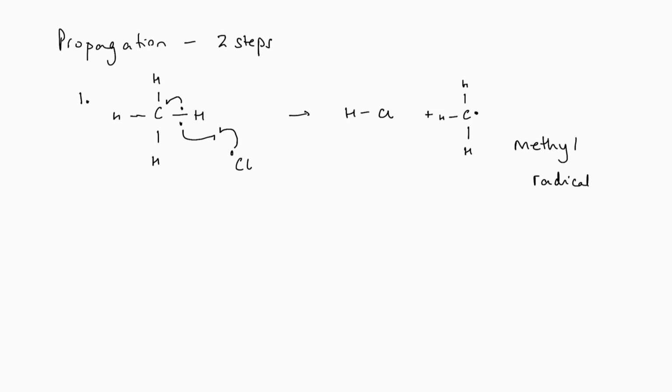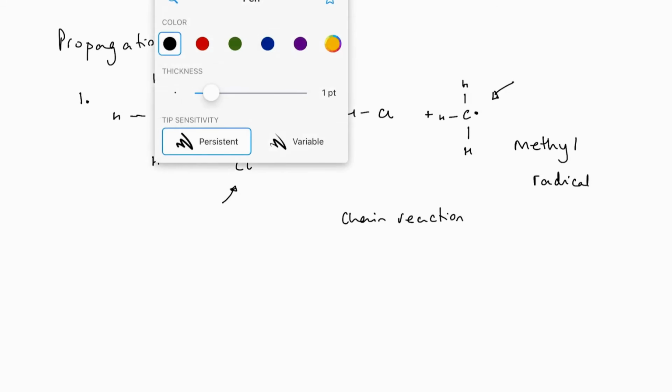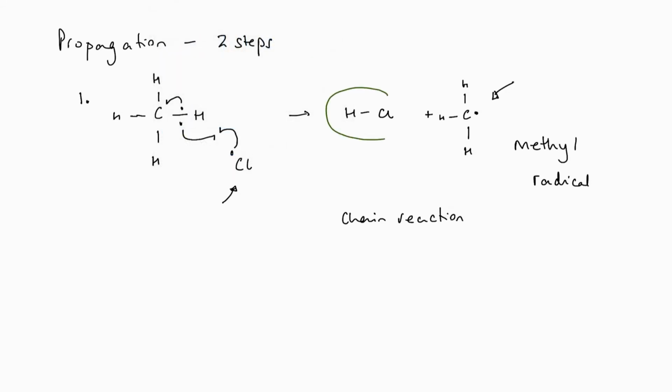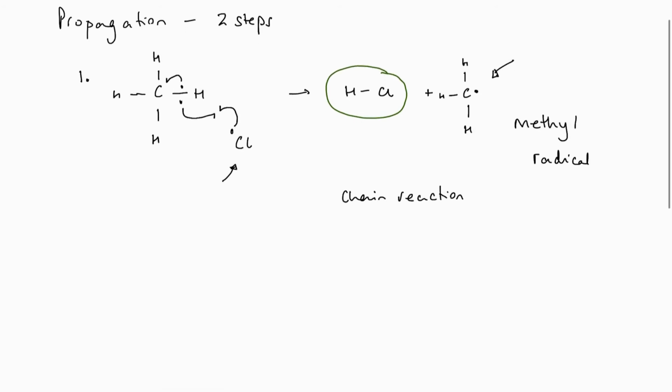So we can see in propagation reactions we start off with a radical and we end up with a radical. Essentially, this is a chain reaction. So as I said to begin with, step 1 produces the byproduct in this reaction. Step 2 produces the organic molecule product that we're after.